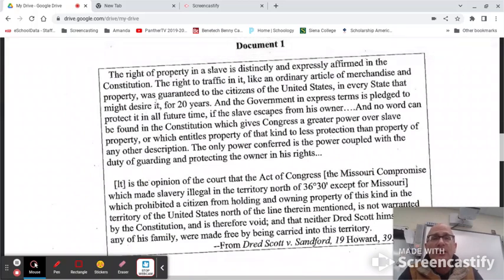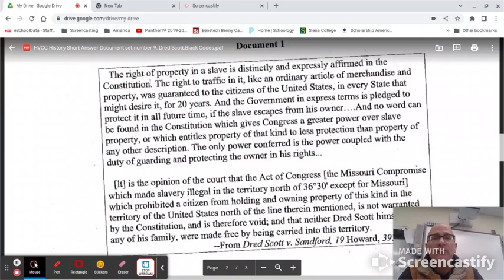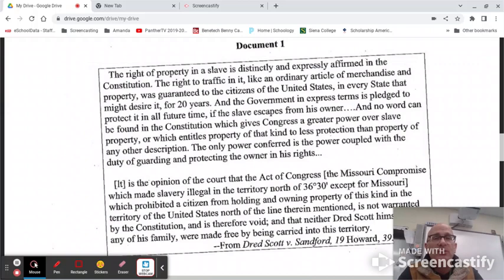The right of property in a slave is distinctly and expressly affirmed in the Constitution. The right to traffic in it, like an ordinary article of merchandise and property, was guaranteed to the citizens of the United States in every state that might desire it for 20 years. And the government, in express terms, is pledged to protect it in all future time.